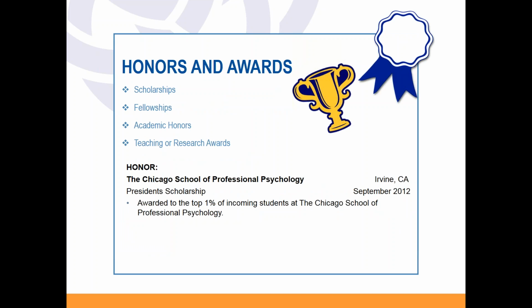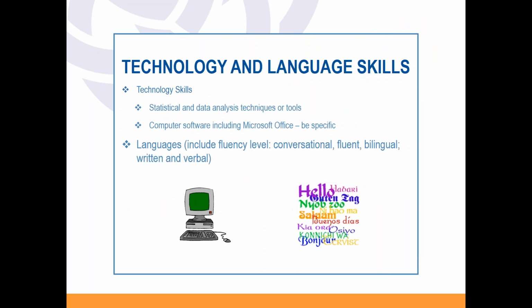You can list any honors or awards. This is primarily good for newer students who may not have a lot of work experience but excelled in their academics, and especially if it's relevant and high achieving, you could indicate some of this information in your resume.